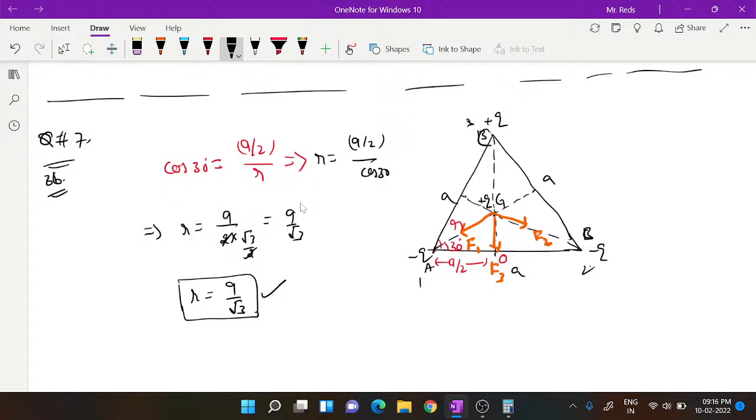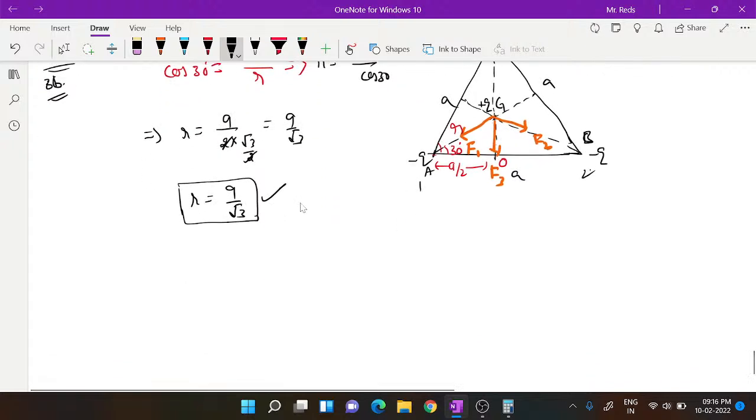Now R is same for all: A by root 3, A by root 3, A by root 3. The magnitudes of charges are fixed, R is also fixed. That means we can say F1 is equal to F2 is equal to F3. Let's say this is equal to F. This is equal to K Q1 Q2 by R square.